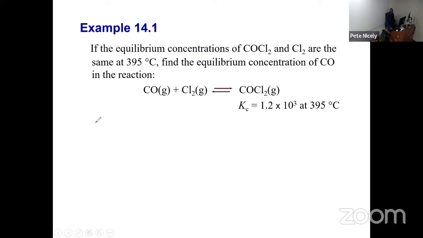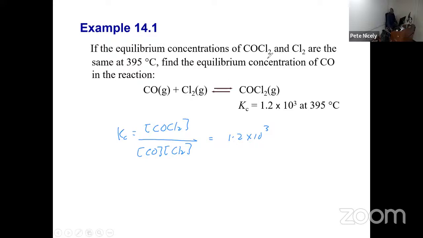Kc will be equal to the concentration of the product, COCl2, divided by the concentration of the reactants, CO times the concentration of Cl2, and that is equal to 1.2 times 10 to the 3.